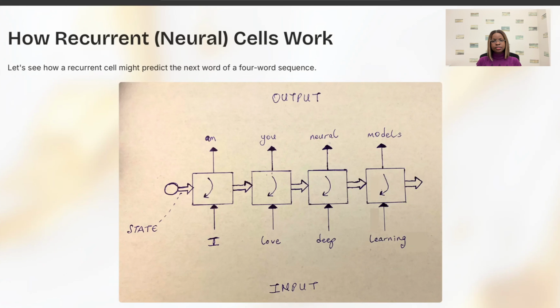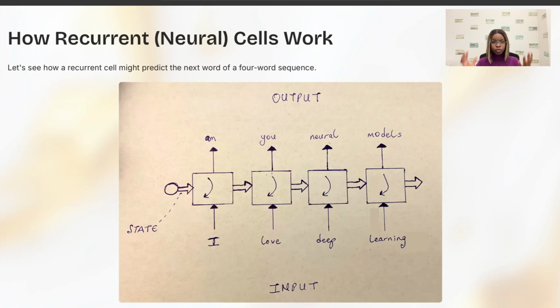But the recurrent neural cell saves this information in the state: that I received a word called I, and this was my output. Okay, so now let me move to the next one.